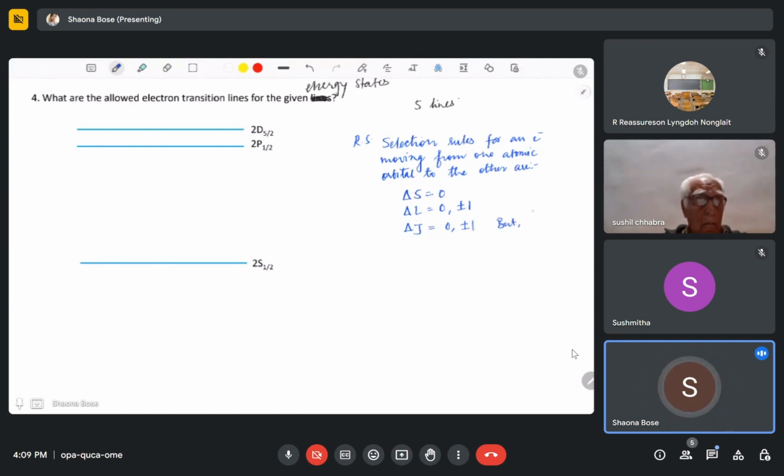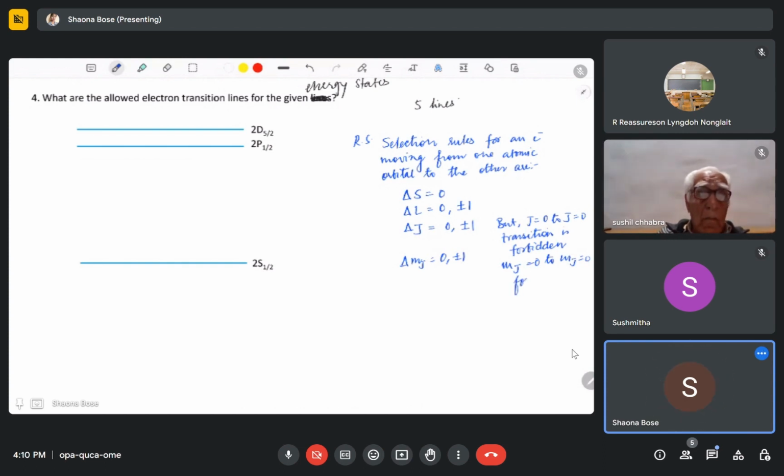However, the J equal to 0 to J equal to 0 transition is forbidden. And del MJ is 0. Here again, MJ 0 to MJ 0 is forbidden.